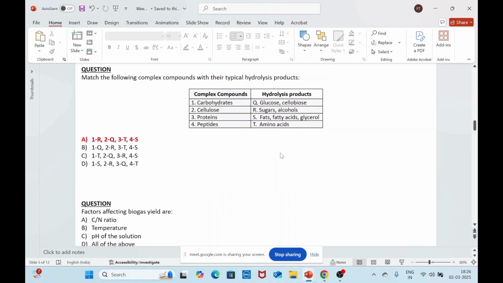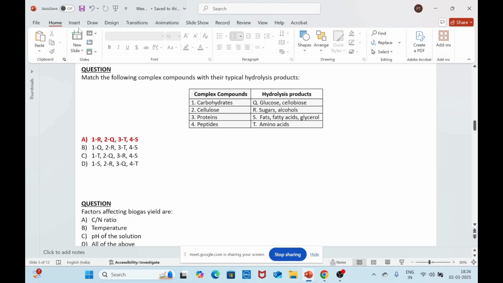Here, I hope 3 and 4 are fine. Protein's basis is amino acids, and for peptides, and this is fatty acid. So 3 and 4, I hope it is clear to everyone. In the case of cellulose, the hydrolysis product will be glucose and cellobiose, and for carbohydrate it will be sugars and alcohol. Cellulose has many glucose units linked together, so it's a long chain of glucose molecules.